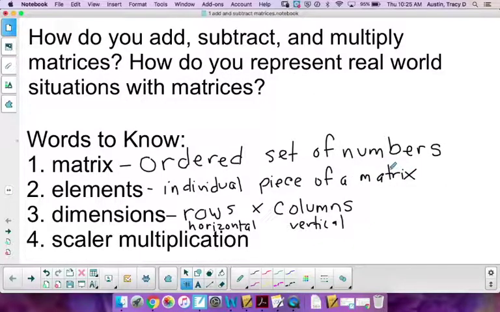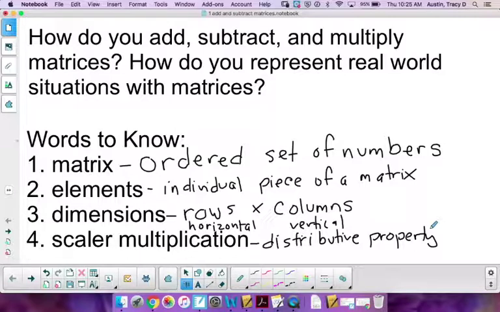All right, and then the last part, you've done scalar multiplication before. It's not really a big deal. It's pretty much the distributive property. Think way back. I know it's been a while. This T, that's supposed to be an R. Okay, think way back to 9th grade when you were in algebra.